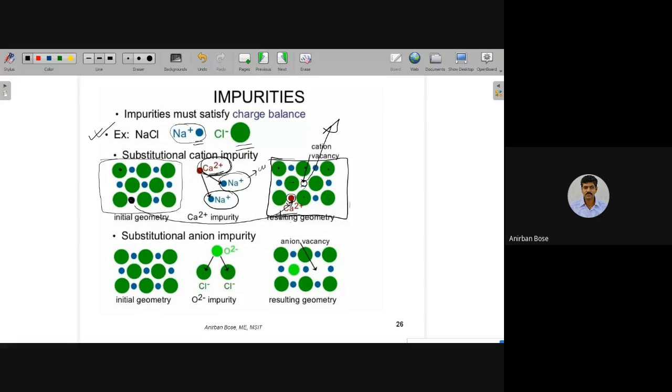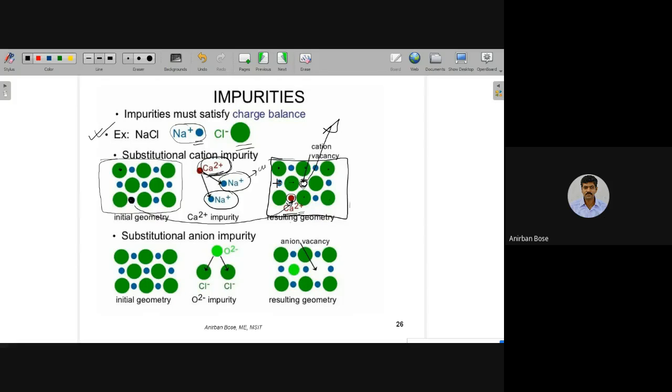Still the whole structure will be electrically neutral, and you may find a vacancy in the position of a cation, because one of the sodium atoms may be substituted by a higher valency cation. So this is what is called the cation vacancy.